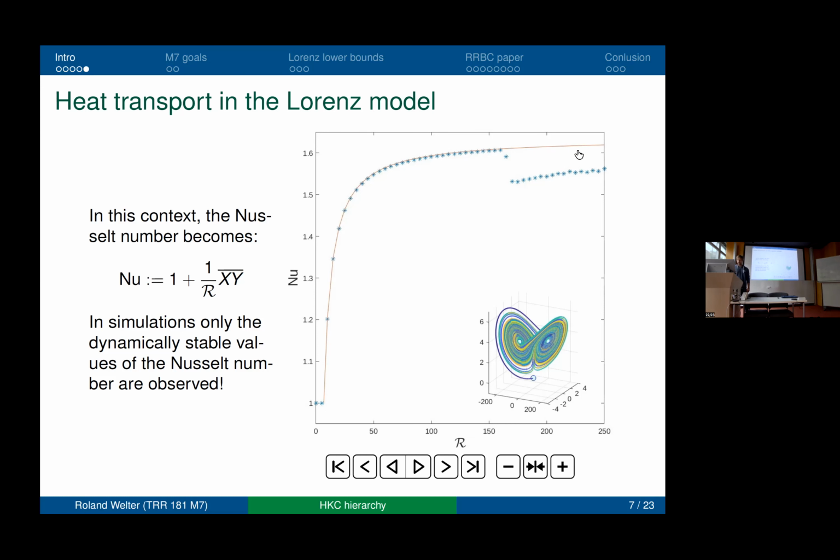This is one major interest of ours, because we have these heat transport bounds which apply to all solutions. So they must be larger than the stable value of heat transport, which is going to be more important for physical simulations, because this is the value that you'll actually observe in the atmosphere. These unstable values are special solutions, which you won't actually see.